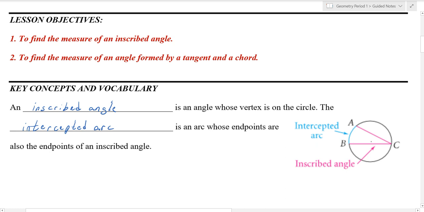So this is my intercepted arc, arc AB, and my inscribed angle is angle C. And that's the main way to identify graphically what an inscribed angle is.